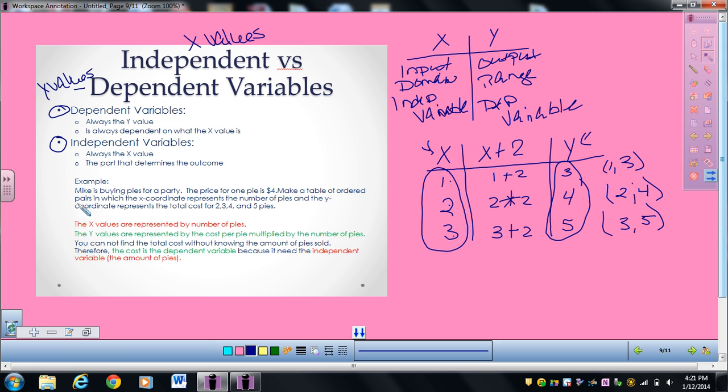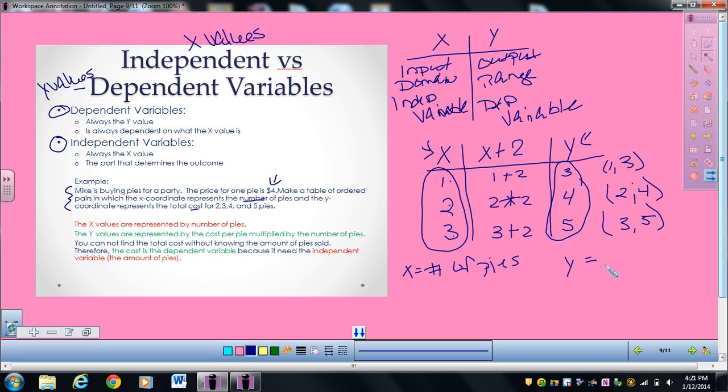So if we look at this example right here, we can see Mike is buying pies for a party, and the price of one pie is $4, right? Make a table of ordered pairs in which the x-coordinate represents the number of pies. So x equals number of pies, and the y represents the cost.